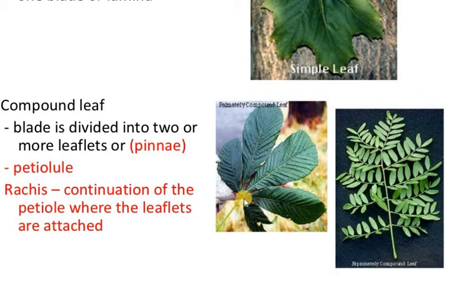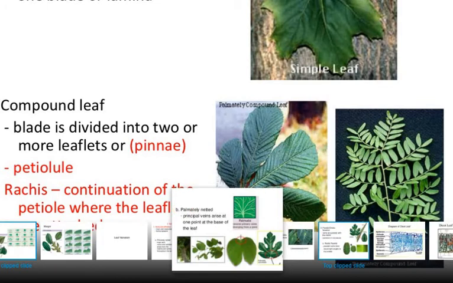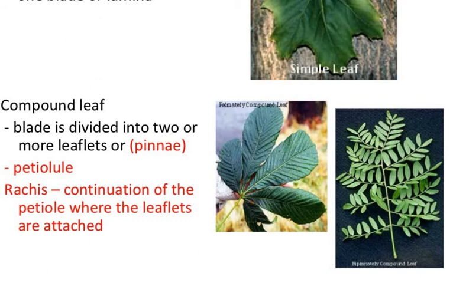This is the petiole of the leaf, and this continuation of the petiole where the leaflets are attached, see, for example, the leaflets are attached to the leaf petiole, and this attaching region of leaflets to a petiole is called a rachis. So the stalk of leaflets is called rachis, and the main stalk of the leaf is called petiole. Often the words rachis, petiole, and peduncle are used synonymously on some occasions.